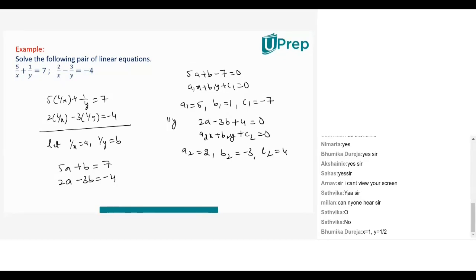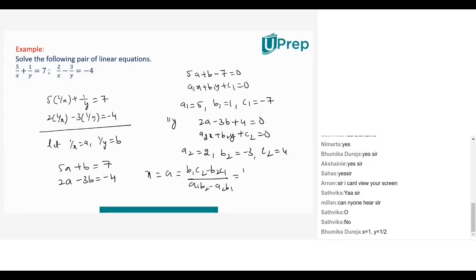So what is x? If you remember, your x is nothing but a in this case. What is that value? It is (b1 c2 minus b2 c1) by (a1 b2 minus a2 b1). Is this clear?